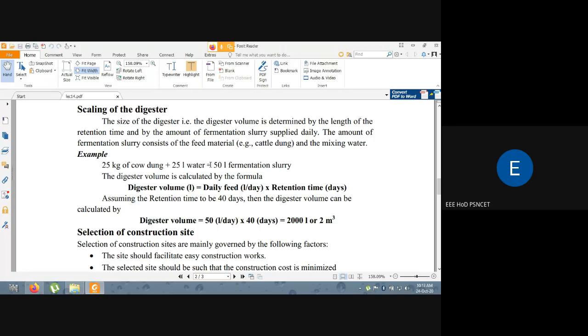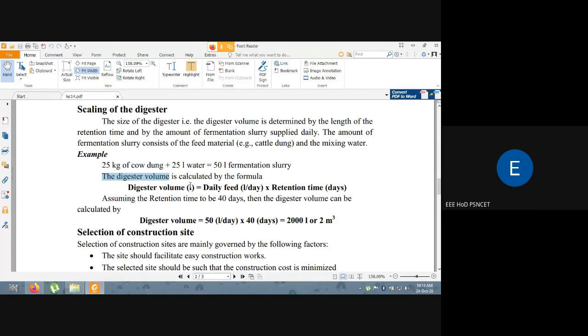So totally we can get 50 liters of slurry. So 25 plus 25, we get 50 liters of fermentation slurry. This slurry is applied into the digester. So we need to find out the volume of the digester.